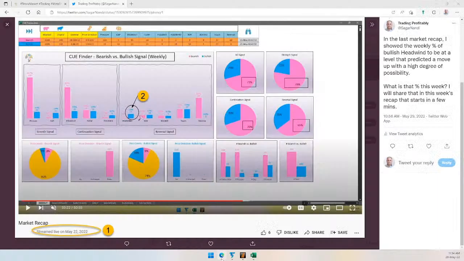Another thing that I mentioned in the previous recap was the percentage of bullish headwind in the weekly interval, and this is a snapshot from the previous market recap. I mentioned that though on the technical charts of the market ETFs we didn't have bullish momentum, the percentage of bullish headwinds in the weekly chart being more than the threshold of 1%, we could get ready to buy, and that once again came handy.